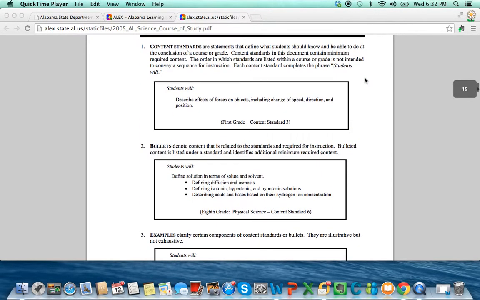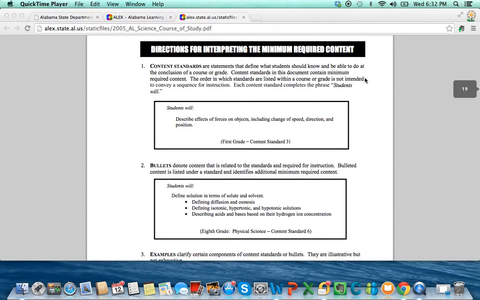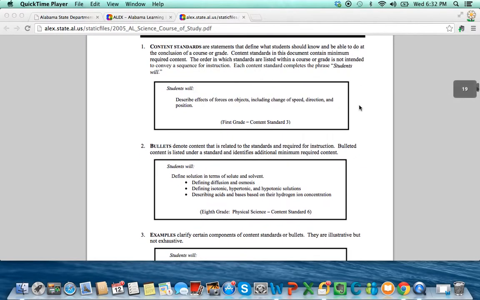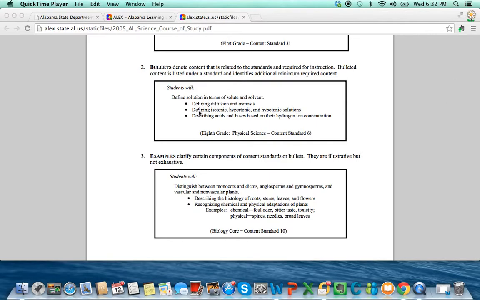The next page tells you what you're looking at when you look at the standards, which we're about to do. The first thing we have is a performance expectation. For example, in this particular one, students will describe effects of forces on objects, including change of speed, direction, and position. That is the standard. But then the course of study gives us some more information about that standard. For example, we see under this particular standard, define solution in terms of solute and solvent.